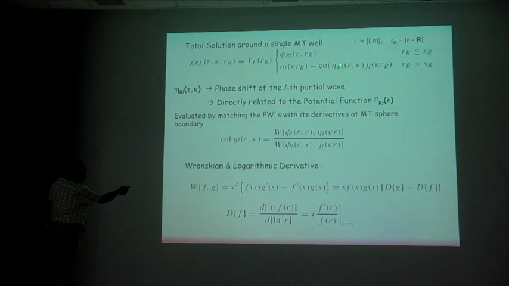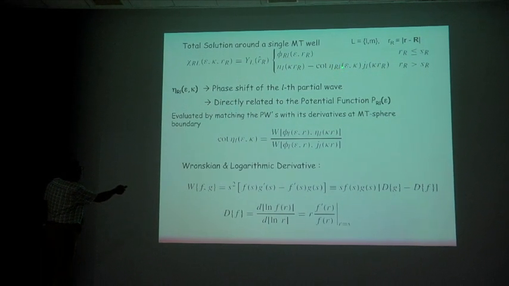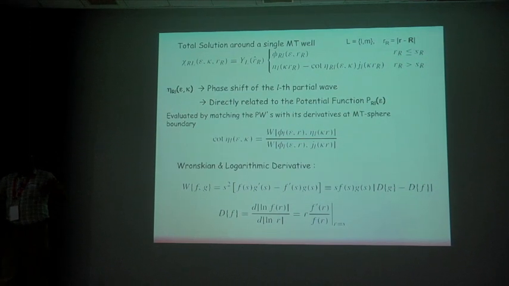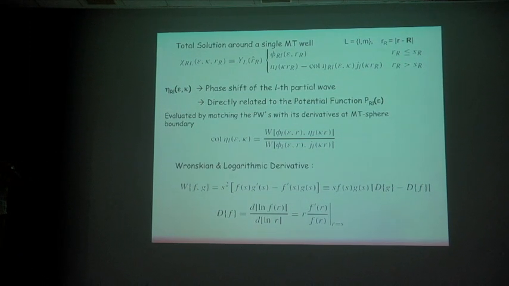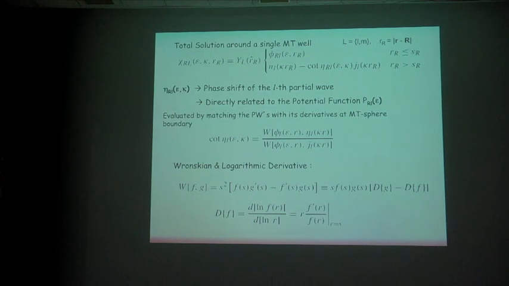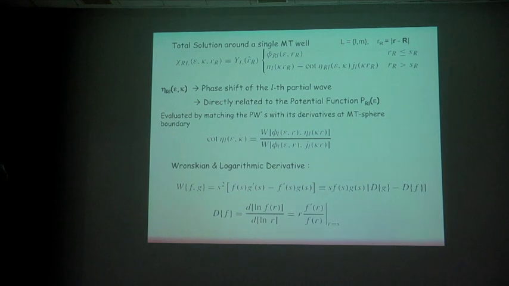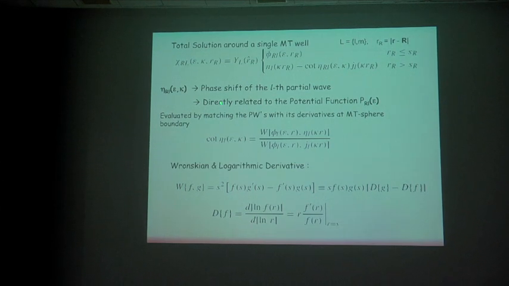And this cot eta RL, whatever I have written, is what is known as the phase shift. In the book on scattering, if you go, you will know what exactly is the meaning of the phase shift of the L-th partial wave.